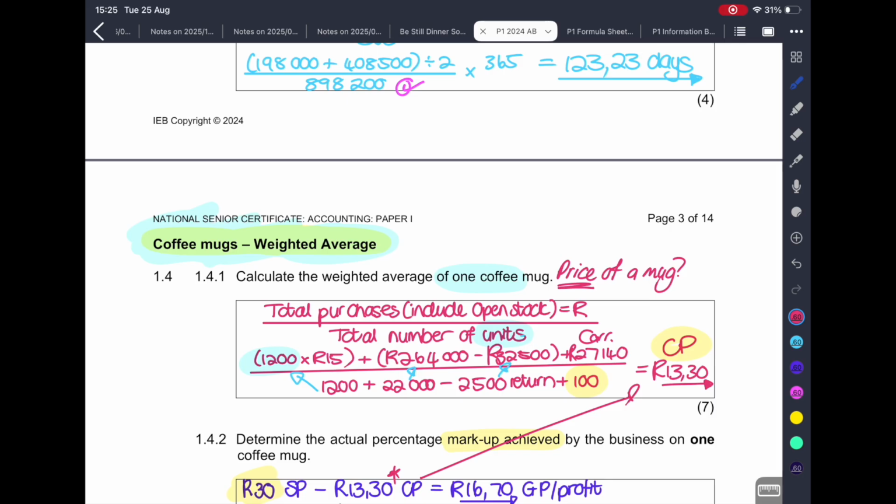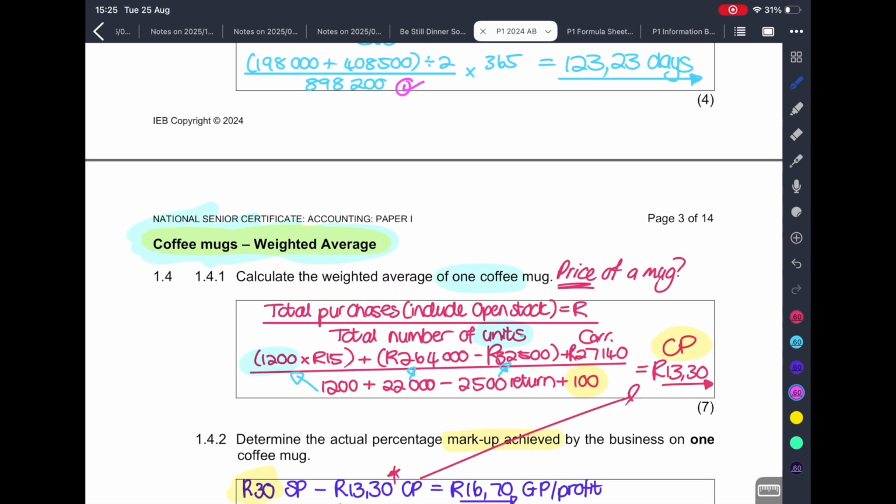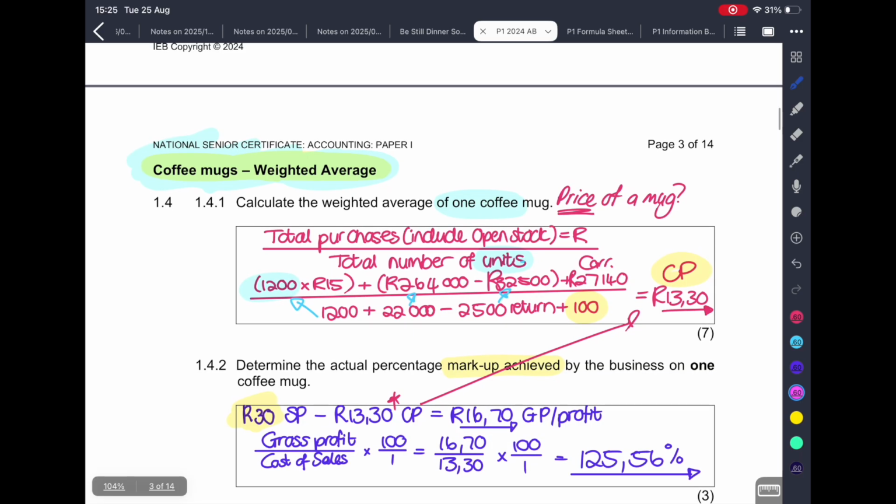Now, your gross profit is important because if you know your formulas, go to your formula sheet. It will be this formula over here where cost of sales is at the bottom and gross profit at the top. I'm trying to calculate my markup percentage. So it's a grade 9 calculation. So take this 16 Rand 70, put that over your cost of sales, and you know what your markup percentage was.